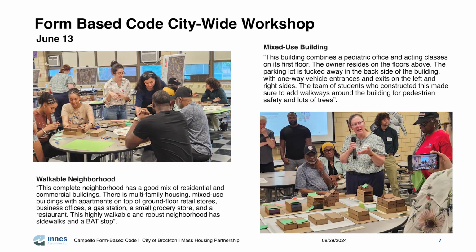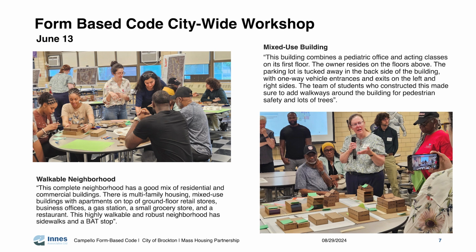So on June 13th, when we did the citywide workshop, we had a beginning presentation, and then we broke into the 4 different neighborhoods. So Campello was one of them. And we had 2 groups of people really talking about options.